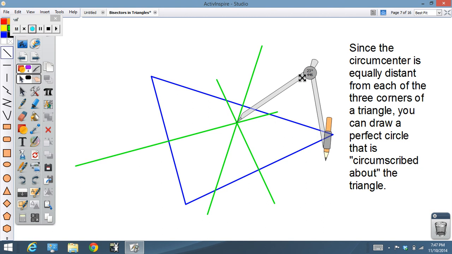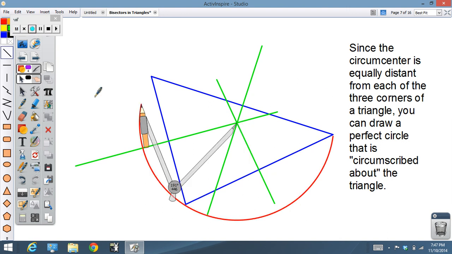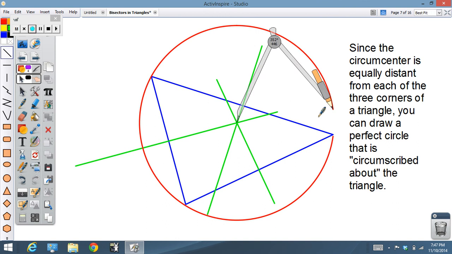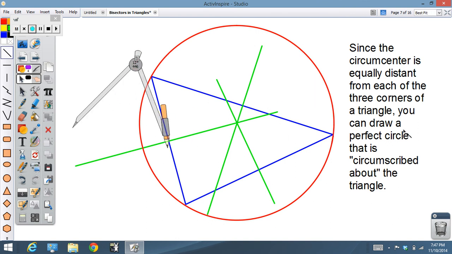We can draw that perfect circle again, and again prove the point that we can make a figure like that. That circle is known as circumscribed about the triangle.